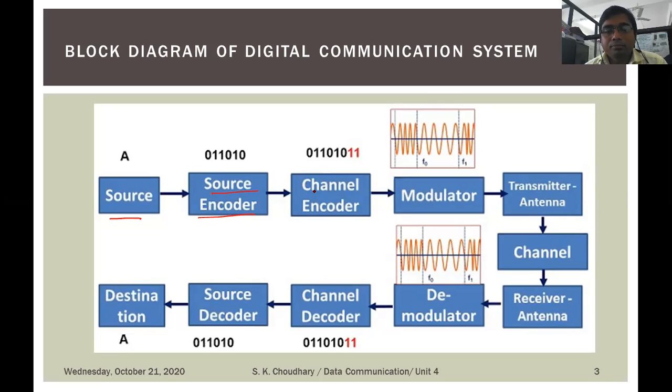And then it is passed through the channel encoder that we already covered in unit number 2, like block coding, convolutional coding, that are all part of the channel encoder.